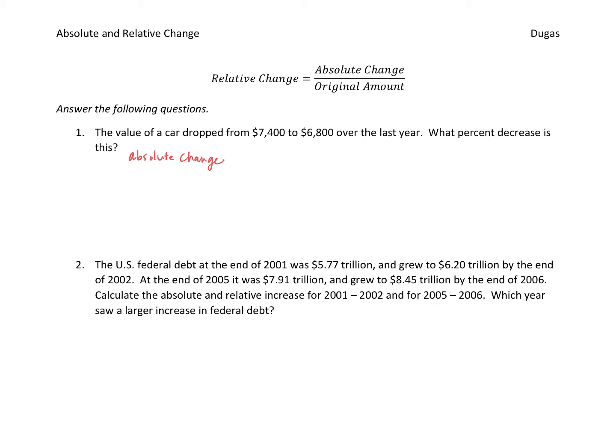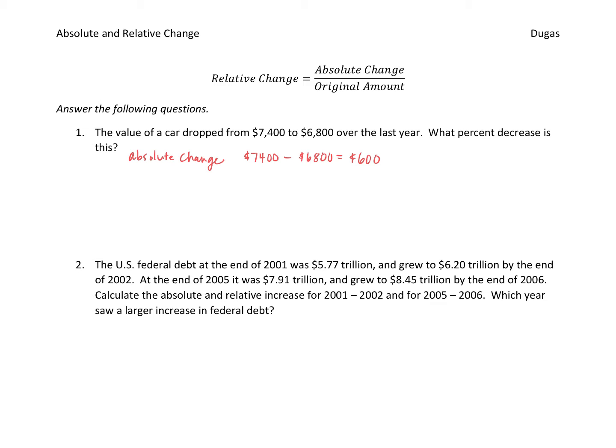It's finding the difference. So that would be 7,400 minus 6,800, and we would see that that is $600. So that is the absolute change. It's how much it actually changes in the units it's given in.